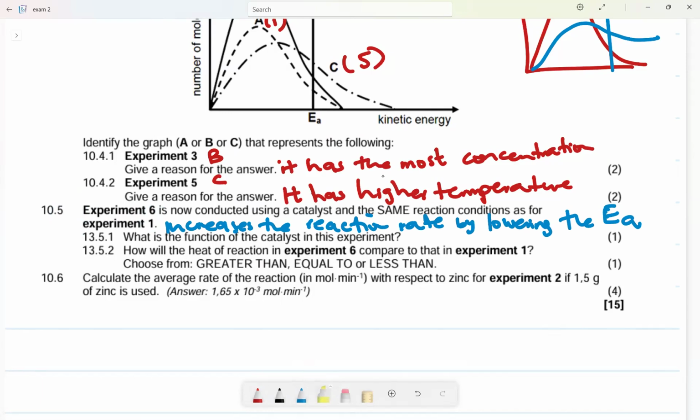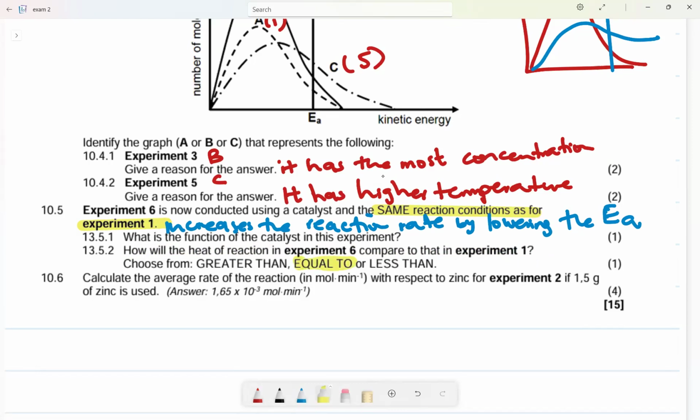They say, how will the heat of reaction 6 compare to the heat of experiment 1? Remember, they told you that it is conducted using a catalyst and the same reaction conditions as for experiment 1. So everything will be the same, just that what will differ is that this one uses a catalyst. So now the heat will be the same, equal to.